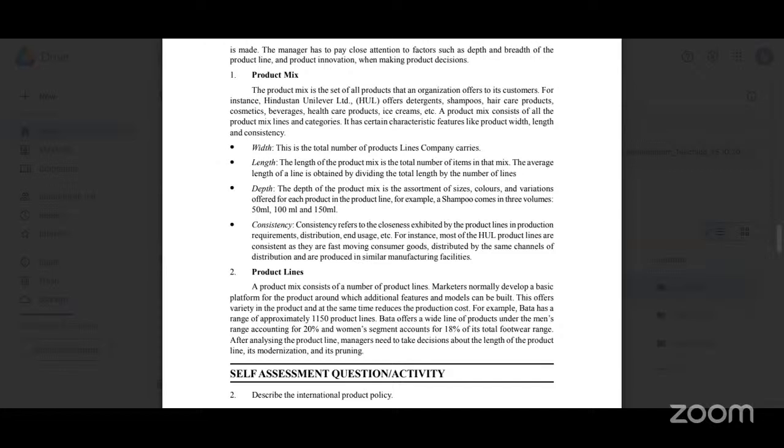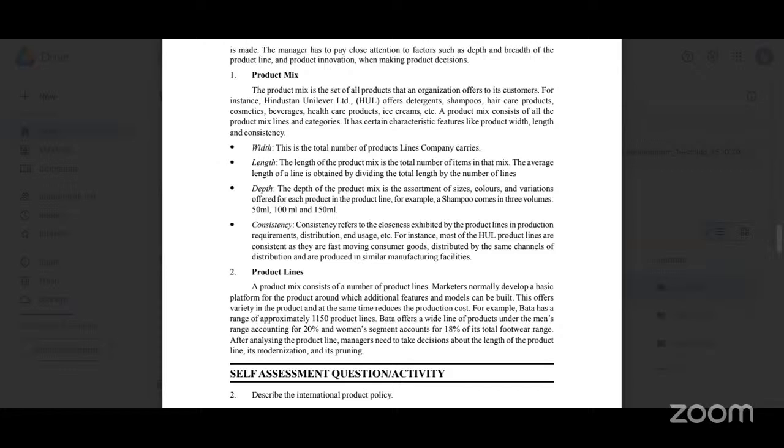It is two. Shampoos, maybe it carries four variants. So if we were to take only detergents and shampoos, detergents an average of two, and shampoos an average of four brands, what would be the length? The average length would be 6 by 2, that is 3. I hope that is clear to all of you.